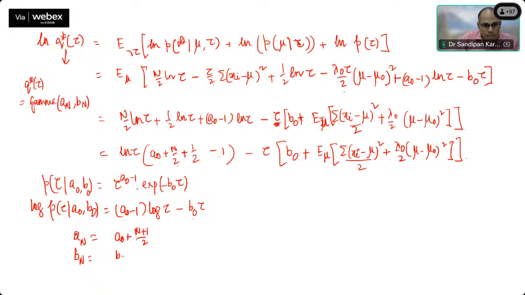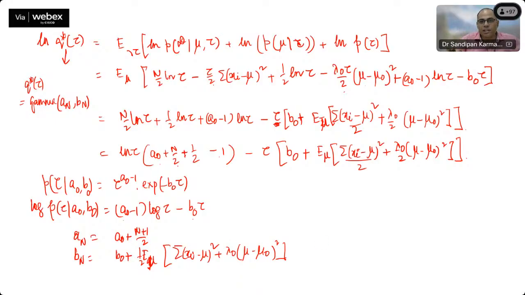So bn is b naught plus the expectation over these two terms: half of summation of xi minus mu whole square plus lambda naught mu minus mu naught whole square, where the expectation is with respect to mu. In this way, this is the derivation.